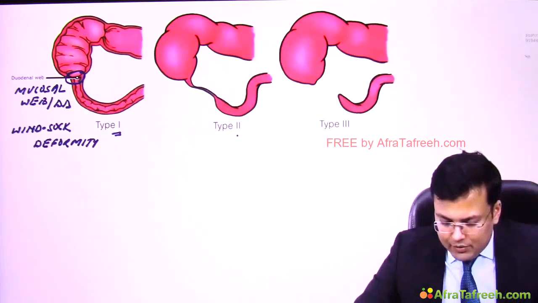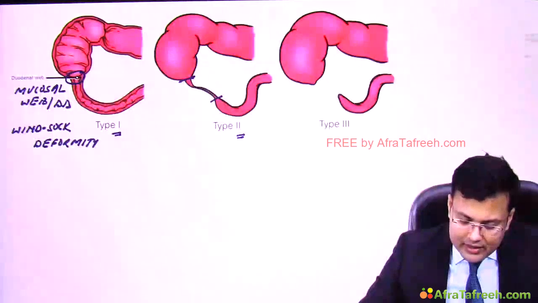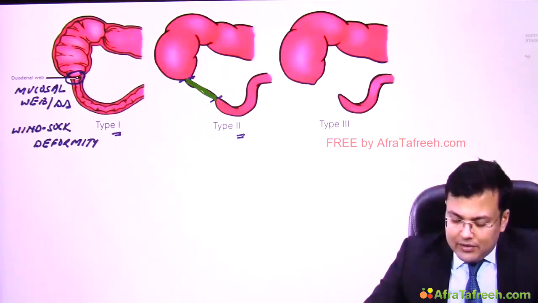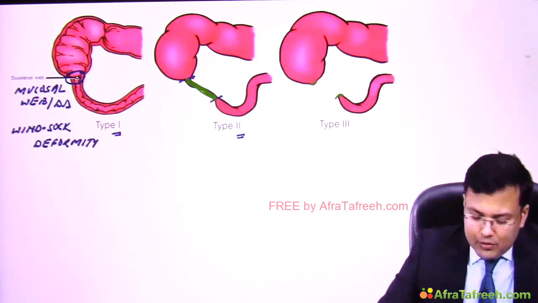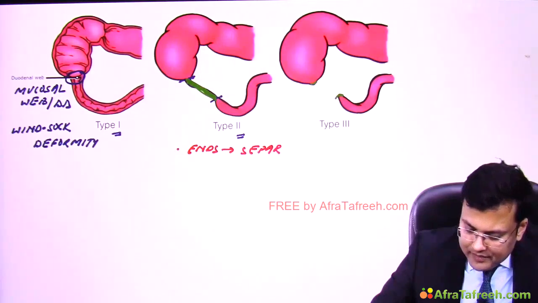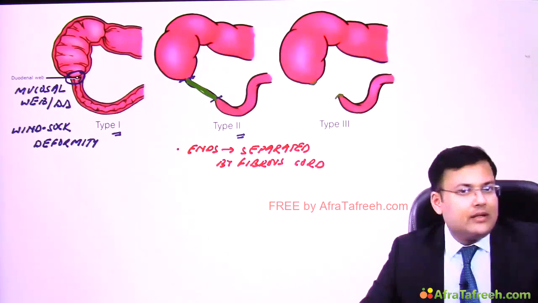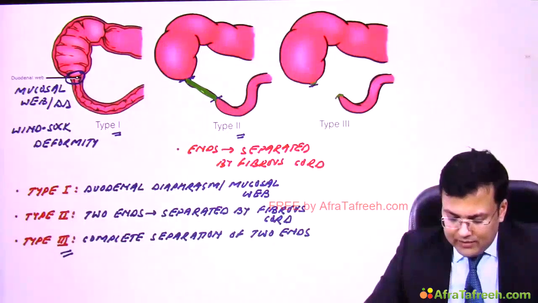Clear? In type 2, you can notice that the two ends are separated by a fibrous cord. Can you see here? And in type 3, there is complete separation of the two ends.